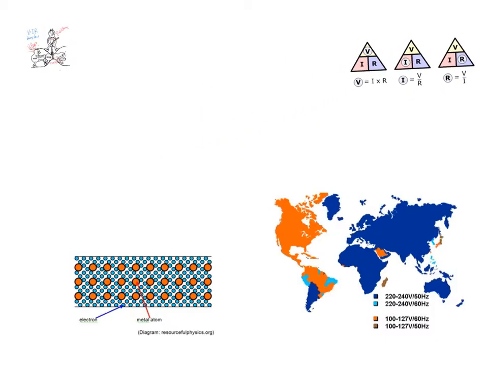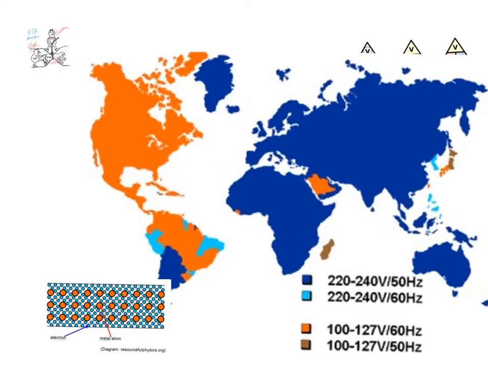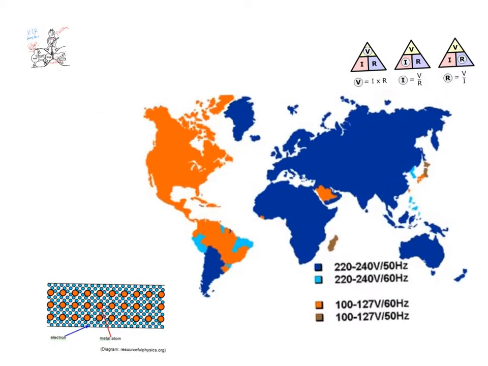That's cool, Ohm's law. And then, I was saying in America, we have 120 volts in our wall plugs, and if you've traveled to Europe or South America or whatever, you probably had to get some conversion things. So this is interesting. All the dark blue countries are using 220 volts at 50 hertz. This is the frequency with which it oscillates. We have AC current in a wall socket.